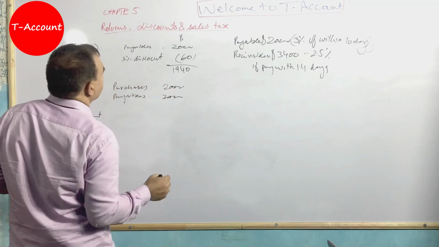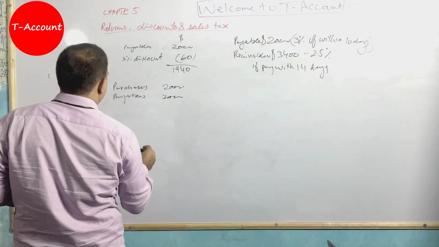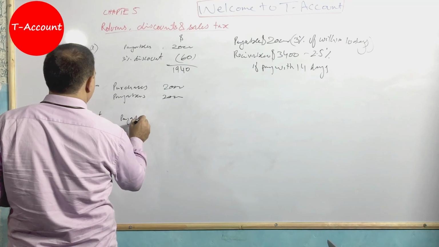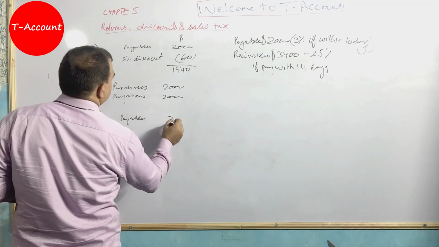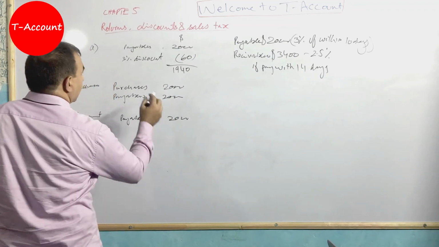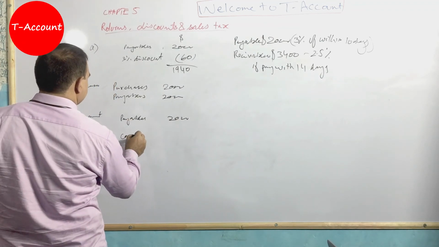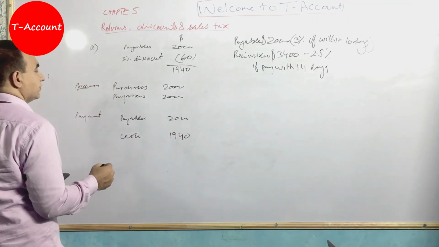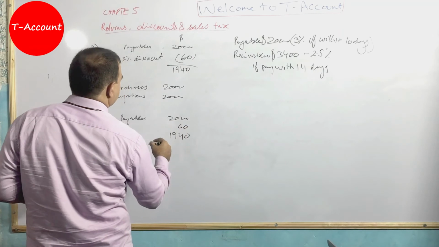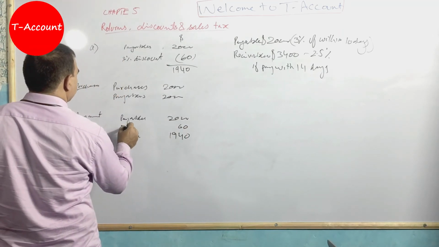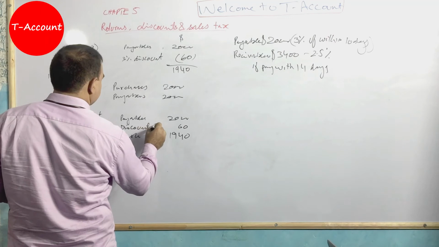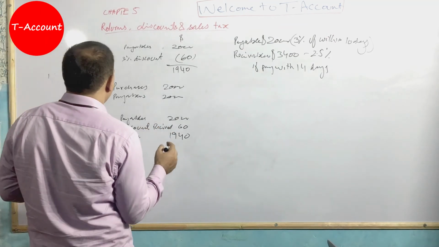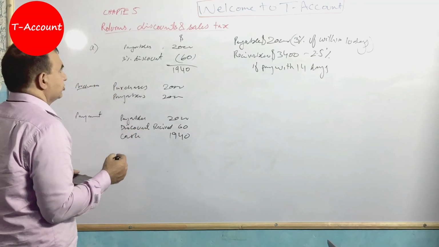He will pay only 1940, and the full payable of 2000 will be cleared. The cash is reducing by only 1940. Where does the difference of $60 go? This is discount received, which is an income account for the purchaser. Now, this is the purchaser's perspective.